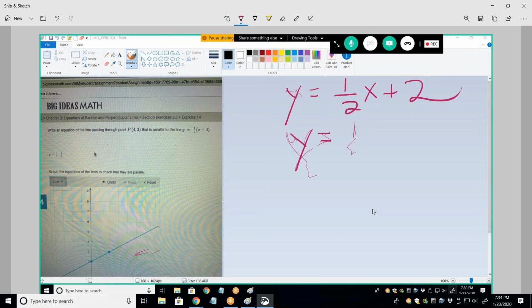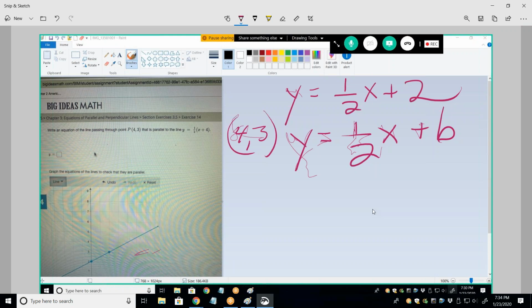It's just parallel to it. So it's not going to have a y-intercept of 2. It's going to have a y-intercept of some other number. And yet it goes through the point (4, 3).